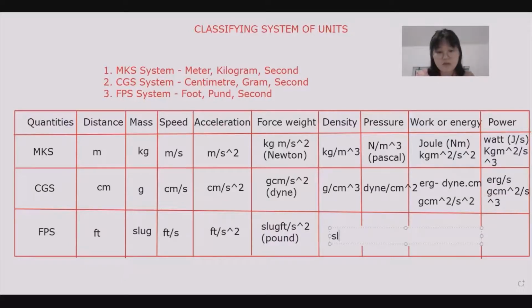Density will be slug per feet cubic, and the pressure will be pound per feet square. Work or energy will be pound feet, or slug feet square per second square.